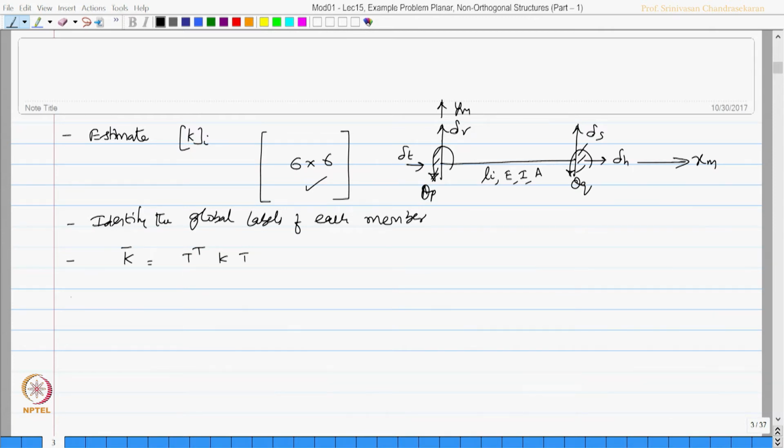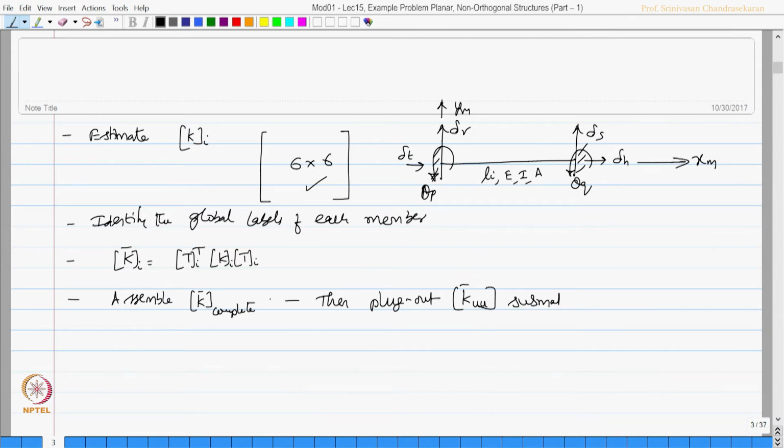Once I have this, then assemble. So, let us do this for every member. Assemble the K matrix global of the complete structure, then pluck out the K bar UU submatrix from K total, K bar total.